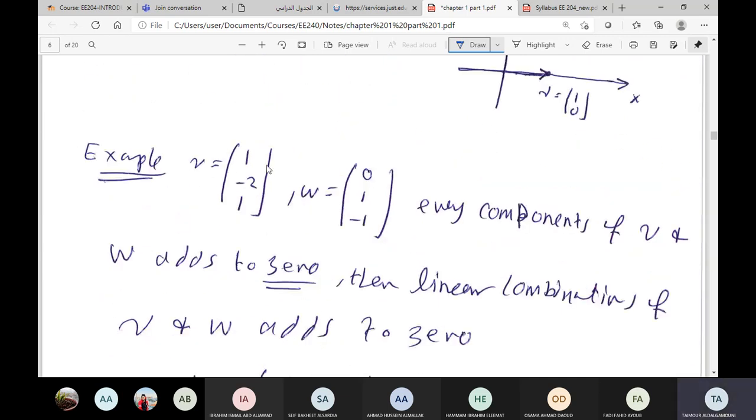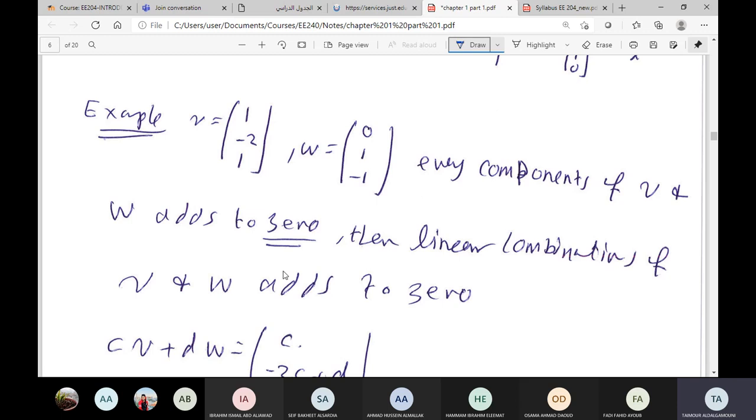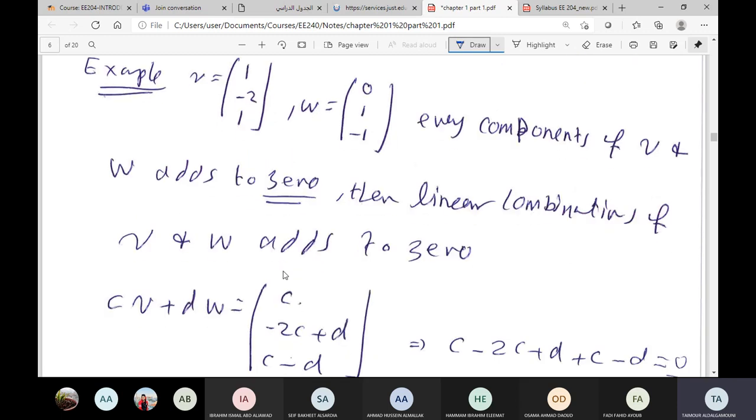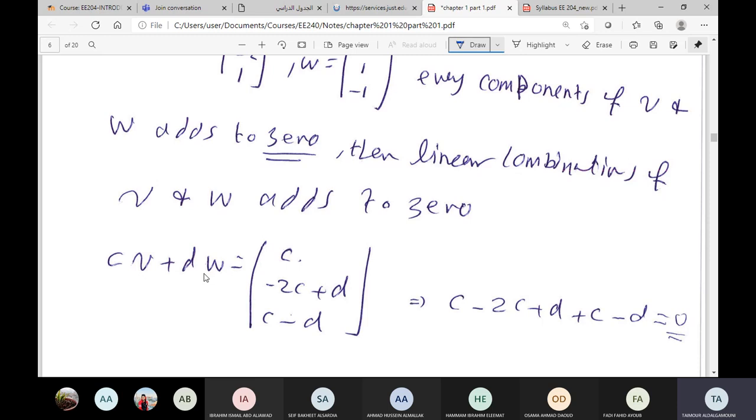If we look at those two vectors, V and W, if you add the components of V, what do you get? You will get 0, right? Because 1 minus 2 plus 1 is equal to 0. If you look at W, it's the same thing. If you add the components, 0 plus 1 minus 1 is also 0. Then the linear combination of those two vectors is CV plus DW.